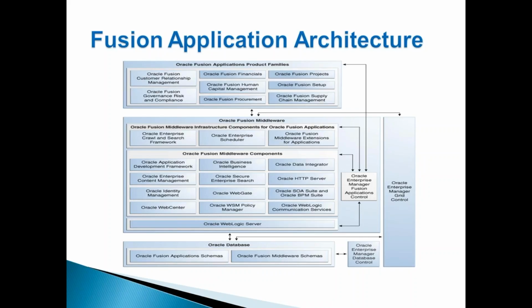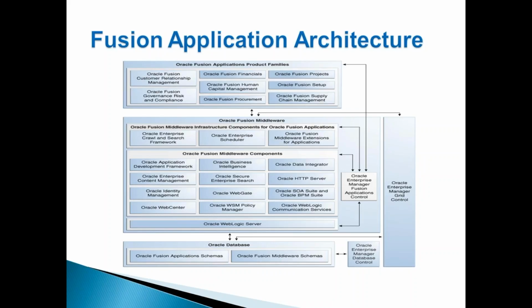In the Fusion middleware, as we already talked a lot about, there is the identity manager, WebCenter, business intelligence, then the WebLogic servers, SOA, and BPM suite. BPM is one of the terminologies which you must be aware of and which will come up frequently in talks when you start working on a Fusion applications project.